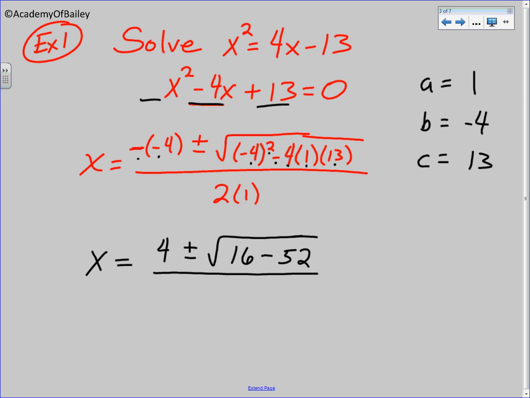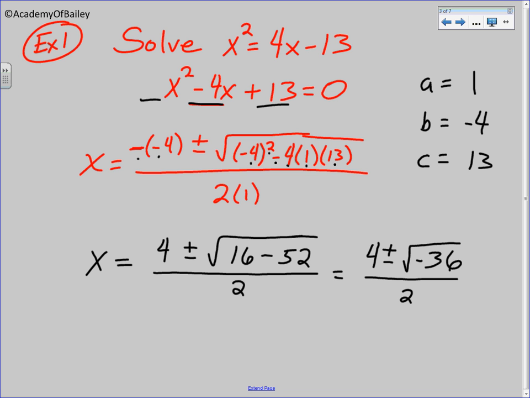On the bottom, 2 times 1 is 2. What do we have underneath the radical when we subtract? 16 minus 52, I believe, is -36. Over top of 2.